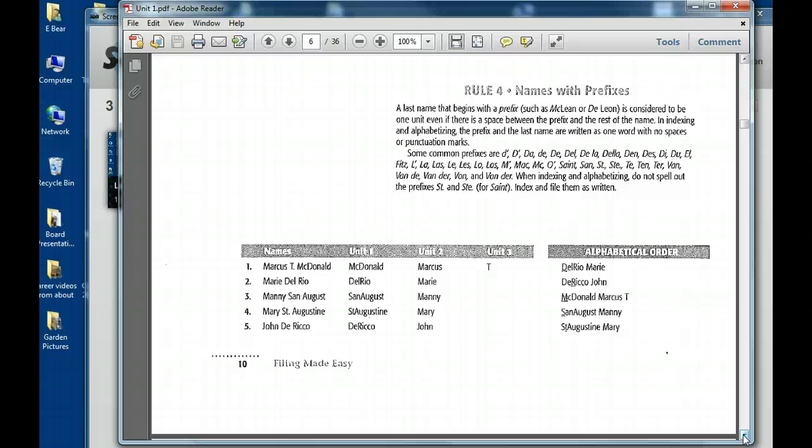Below you will see some common prefixes. When indexing the name Marie Del Rio, Del Rio is the last name so that it falls under Unit 1. However, when writing it into Unit 1, the space between the L in Del and the R in Rio is removed, so it's all one word, Del Rio.